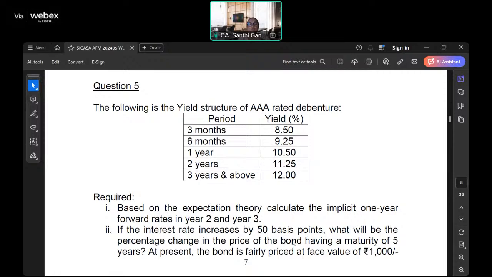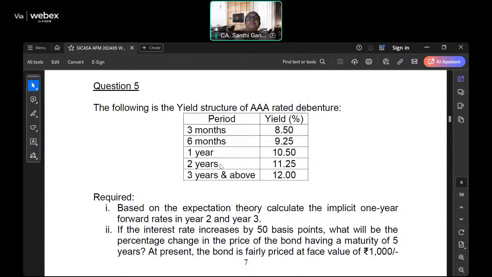Now, because we know that the maturity is 5 years, I know 12% is the rate I'm talking about. 12% is what rate? It is the yield. 12% is the yield, which means the coupon rate is also 12%, because the current market price is stated to be fairly priced at 1,000.